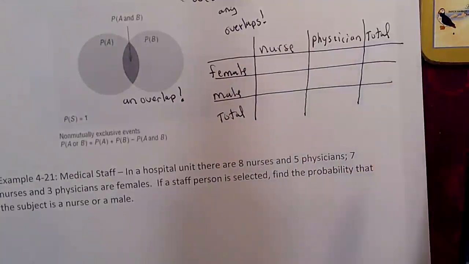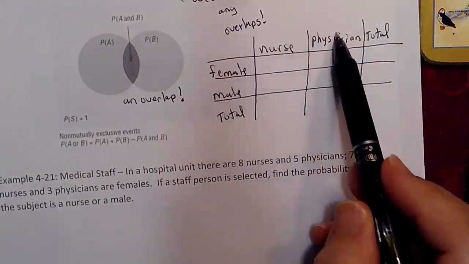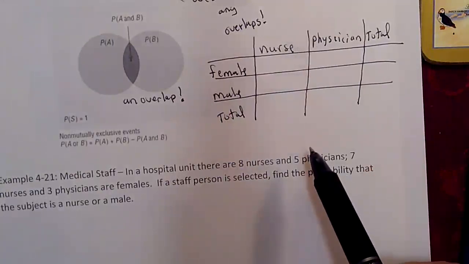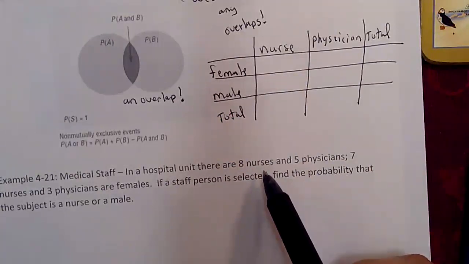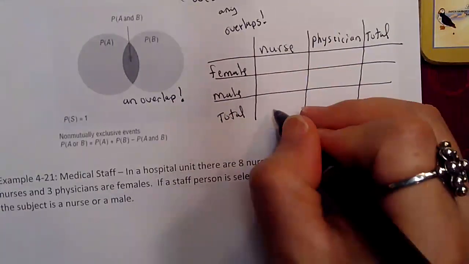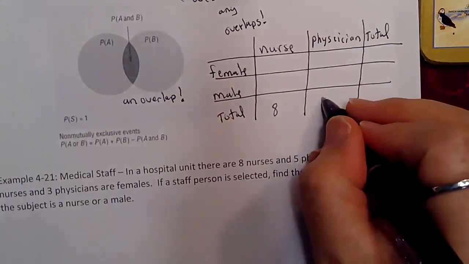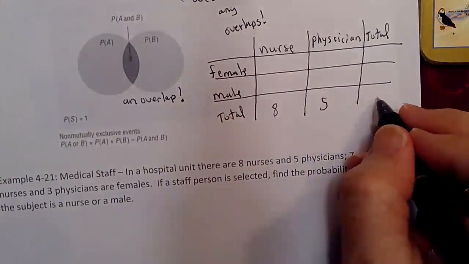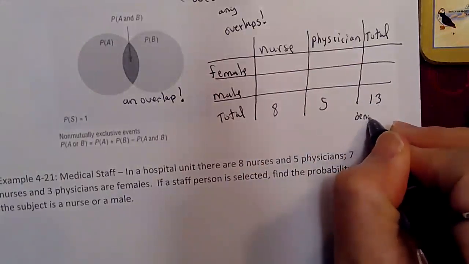You could do that also. These could swap locations, and that would be okay also. But we're going to put the total. There's 8 nurses and there's 5 physicians. So you see that gives us a total of 13. And that means that that's our denominator.